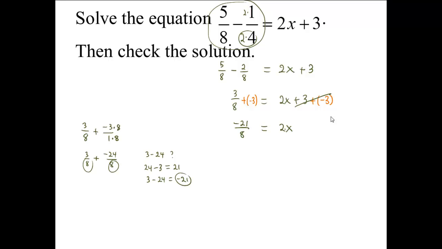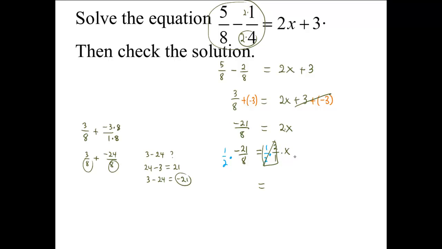Now, the way we might generally approach this is to divide both sides by 2, and we could do that. But if we also understand that the number 2 is a whole number, 2 divided by 1, so 2 divided by 1 times x, then I'm going to multiply both sides by the reciprocal of 2 divided by 1, which is 1/2. Multiplying both sides by 1/2. Any number times its reciprocal is 1.